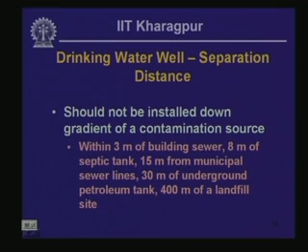Typically, you should not install a drinking water well within 3 meters of a building sewer, 8 meters of a septic tank, 15 meters from a municipal sewer line, 30 meters from an underground petroleum tank, or within 400 meters of a landfill site, because that is going to let contaminated water into the drinking water supply, which could cause a health hazard.